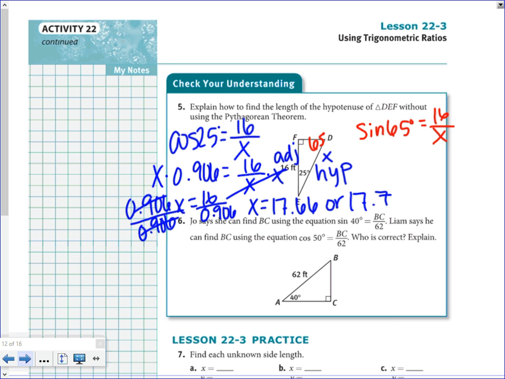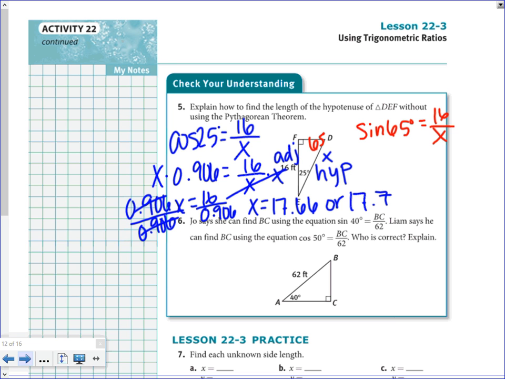So now look at number 6. Joe says that she can find BC using the equation sine of 40 equals BC over 62. Liam says he can find BC using the equation cosine of 50 equals BC over 62. Who is correct? And explain.